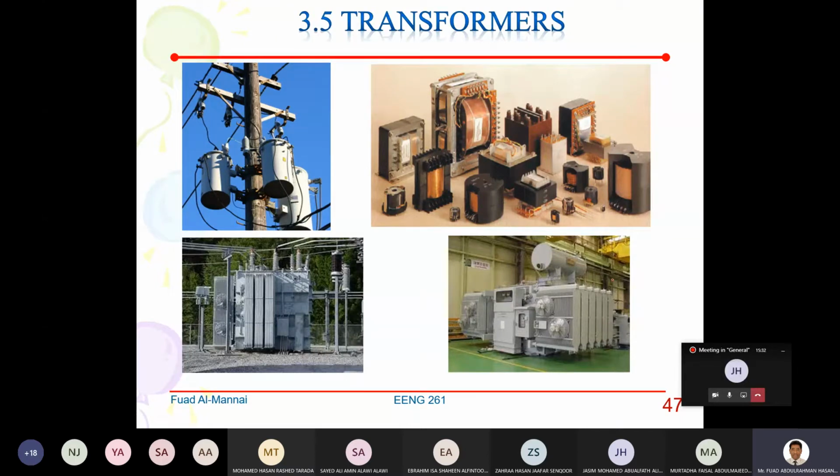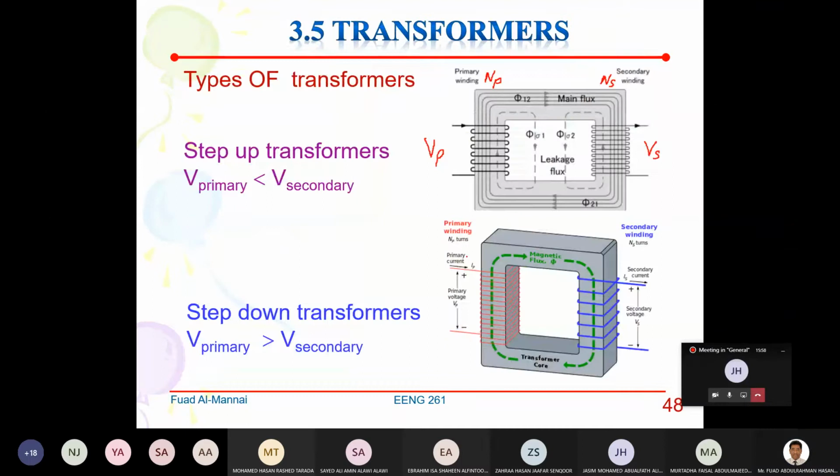The government requires you to put in a standby power supply, in case something happens, it will automatically come on and power all the apartments in the high-rise building. All right, now we're going to go deeper into the transformer and see how it works. Here you go, slide number 48.